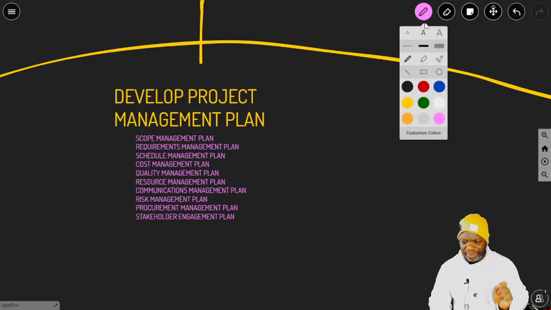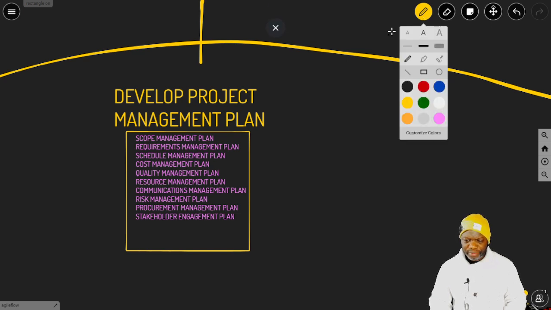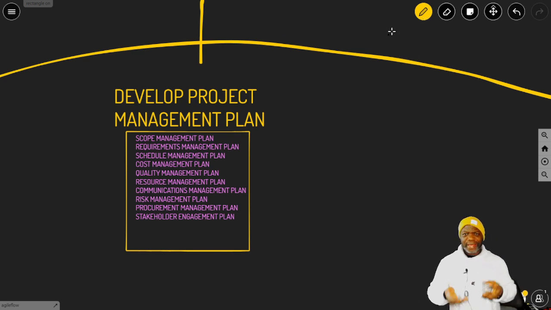These tinier plans are what we refer to as subsidiary plans. Okay? So in the develop project management plan process, we are compiling all of these plans.